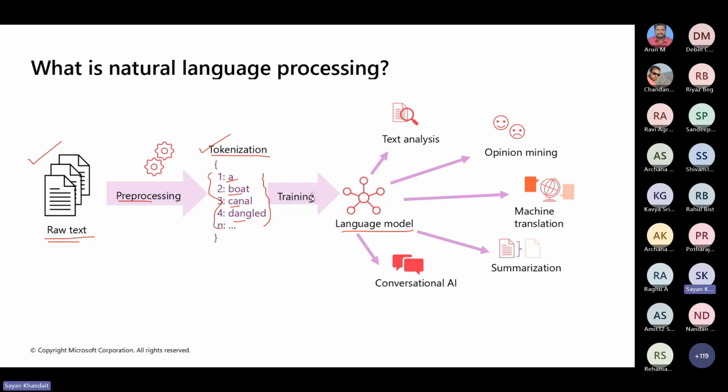Now, once the data is used to train a model, depending on the type of task that you want to accomplish, the details of the model are going to vary. For example, you might use a fully connected neural network in order to train a classification model for sentiment analysis or for opinion mining.